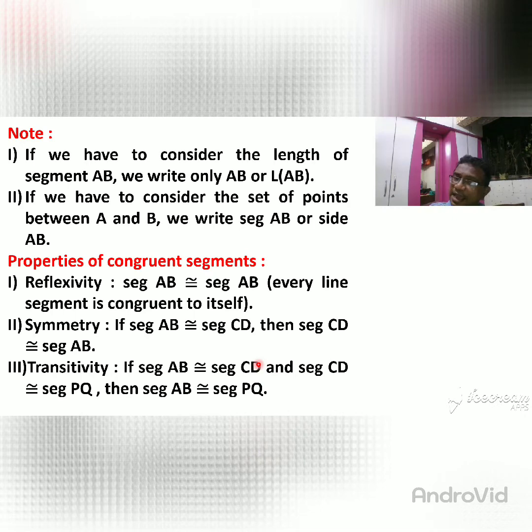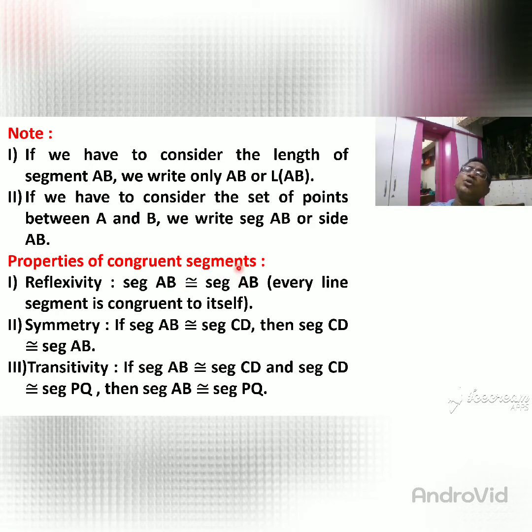So if you understand the property of congruent segments, then with the help of that you can write the property of triangles and the property of angles. You only replace the segment with the triangle and write its name.